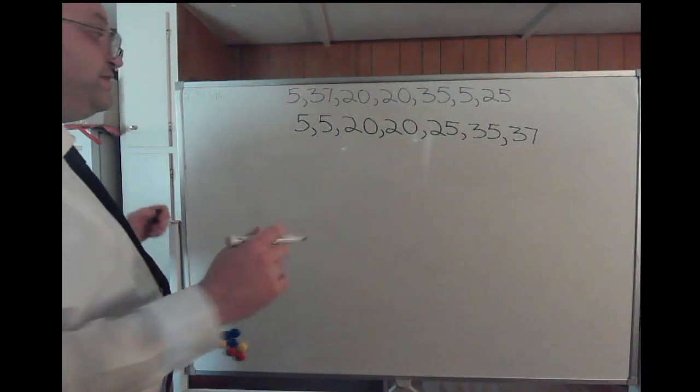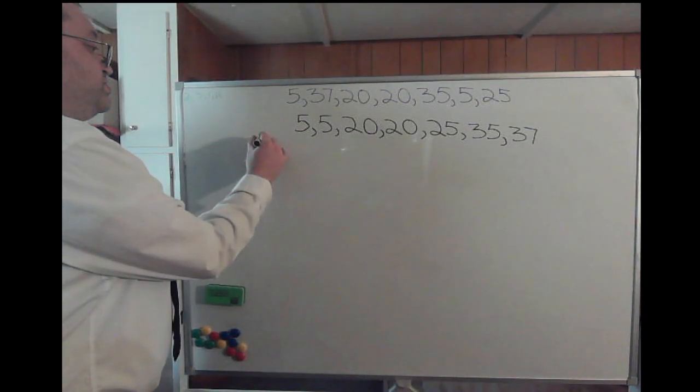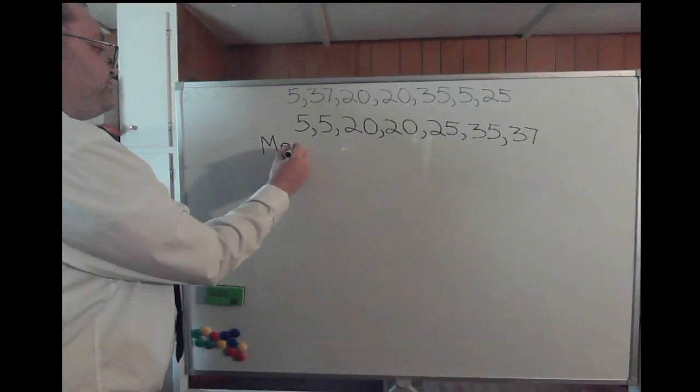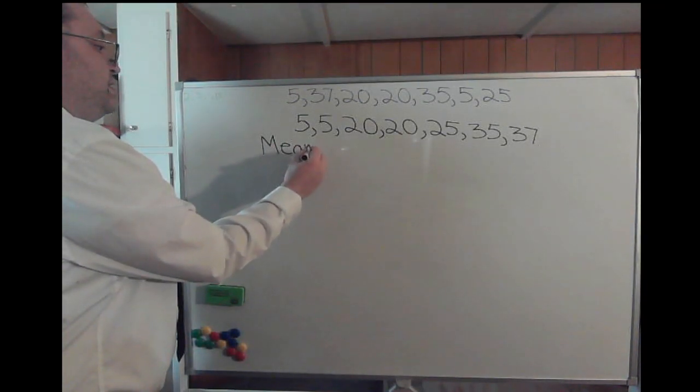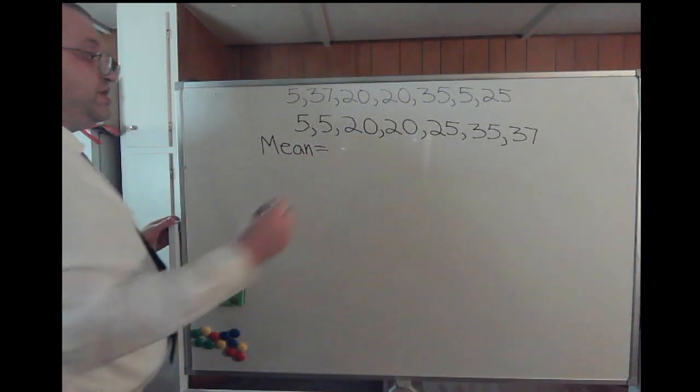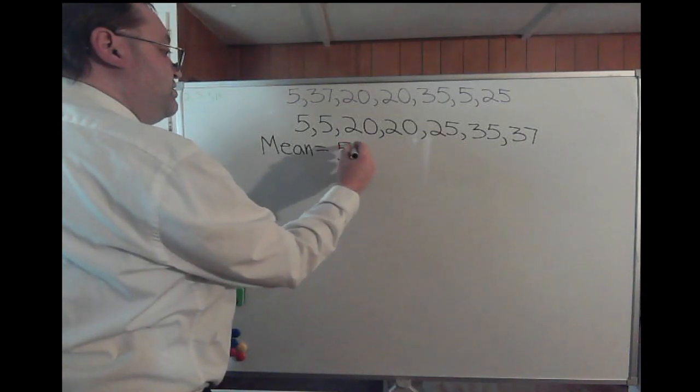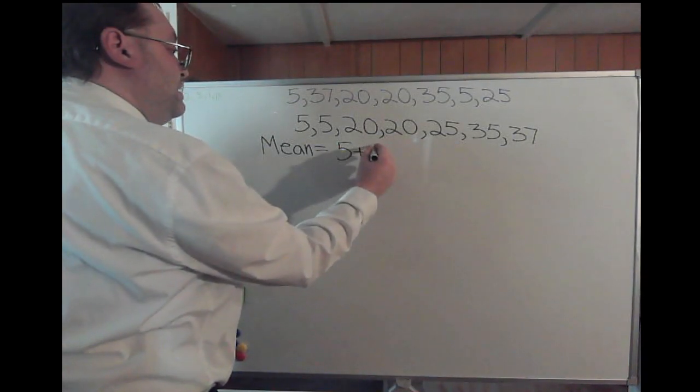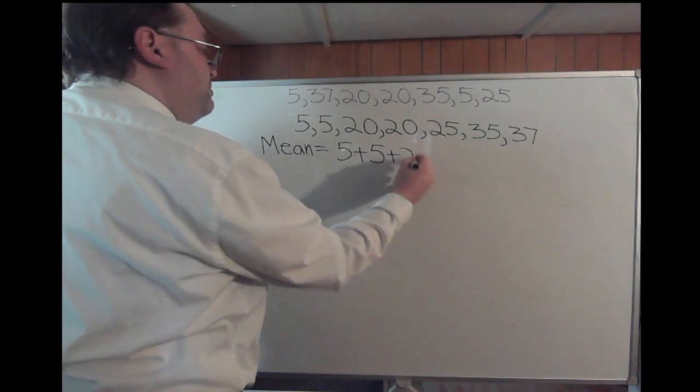Now we can get proper results. So let's start by finding the mean, the average. The mean being the average, you're going to take all these numbers and add them up.